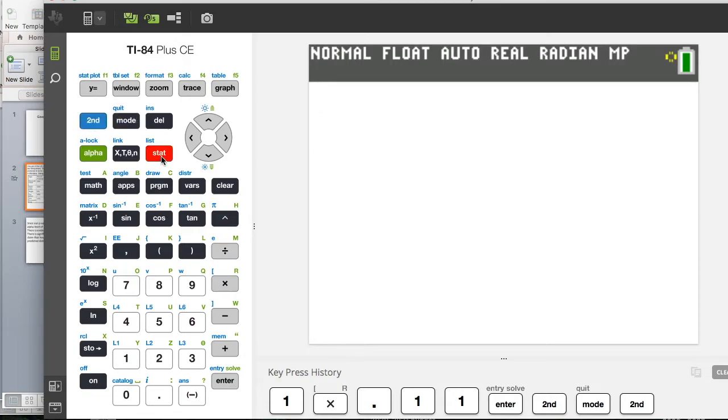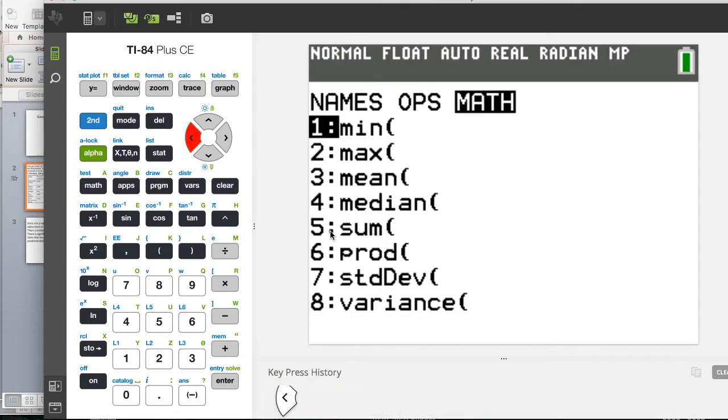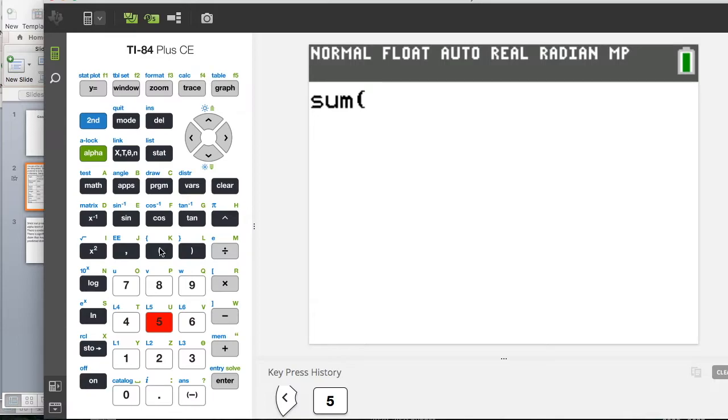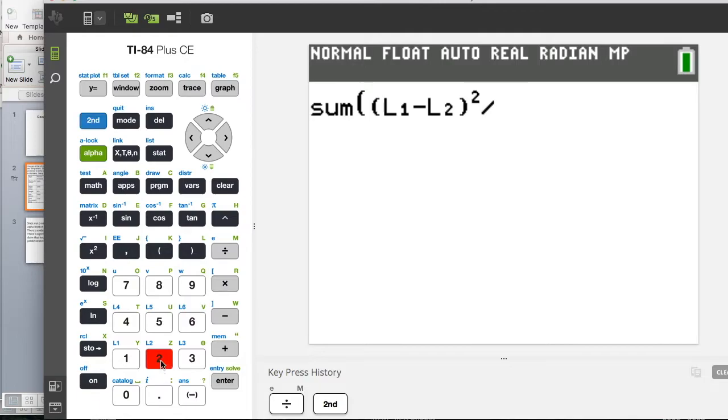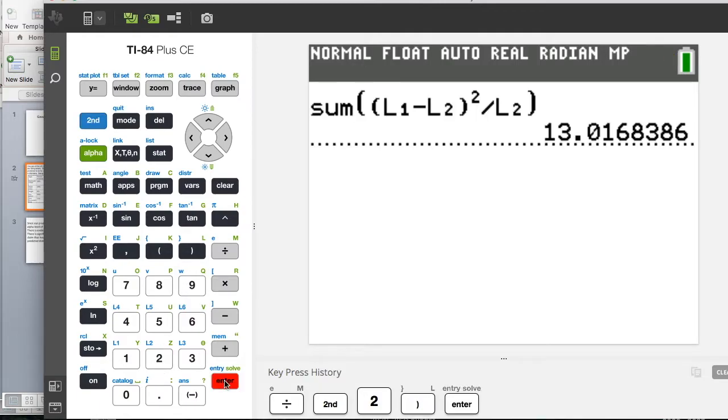It's 2nd Stat, go over to Math, and it's the sum, parentheses, L1 minus L2 squared divided by L2, close parentheses, and there's my test statistic, 13.017.